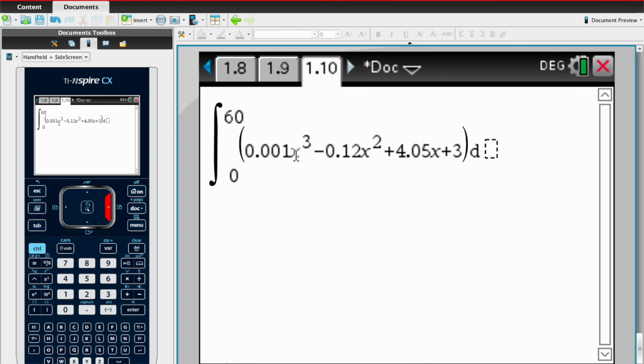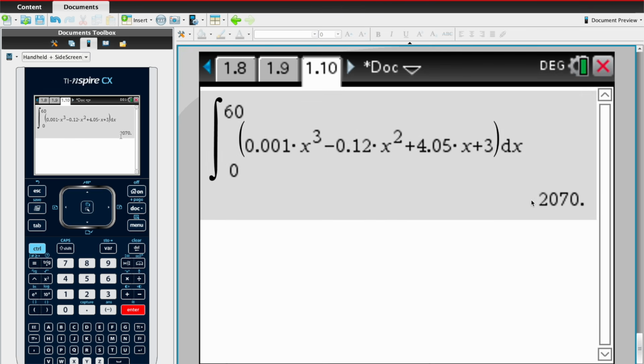We've written it in terms of x, so we'll write this in terms of dx. Just want to make sure everything is good before we press enter. Looks good. Area under the curve is 2070 square meters.